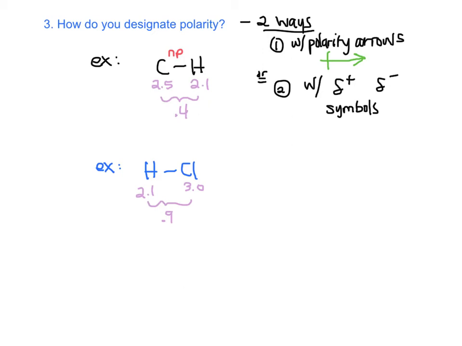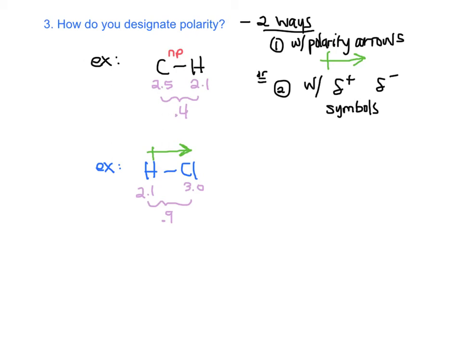So to designate the polarity of the bond, we would want to use either a polarity arrow, which shows that these electrons are being pulled more towards the chlorine with the larger electronegativity. So we would draw the arrow over the two atoms with the arrowhead over the chlorine to show that those electrons are pulled towards the chlorine, and then the crossed end over the hydrogen to show that hydrogen ends up positive by comparison because the electrons are pulled away from it.